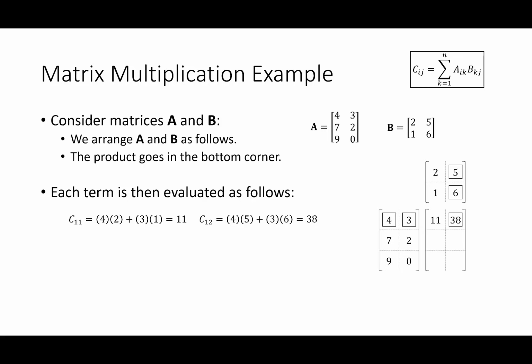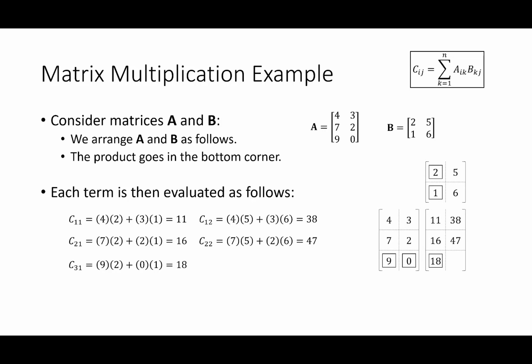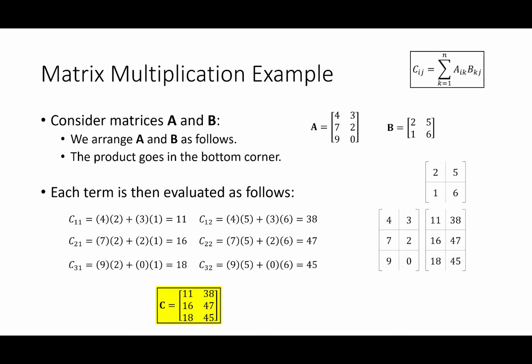Okay, I've got some people shaking their head yes, some people shaking their head no. I find this to be a very convenient way of doing matrix multiplication, but the idea is you just keep going with it, right? So you've got 14, 2, 16. And then you've got, okay, 35, 12, 47. And then you've got 18, 0, 18. And then you've got 45, 0, 45. And so the solution is that, okay?